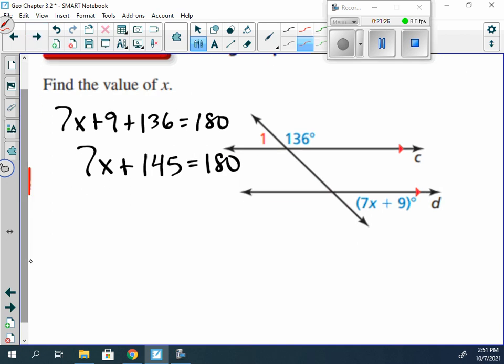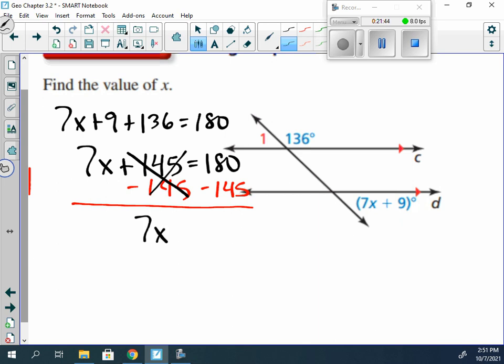Okay. What do we do next? Well, I would subtract first, because we want to get 7x by itself, since 145 minus 145 is 0. And 180 minus 145 is 35.